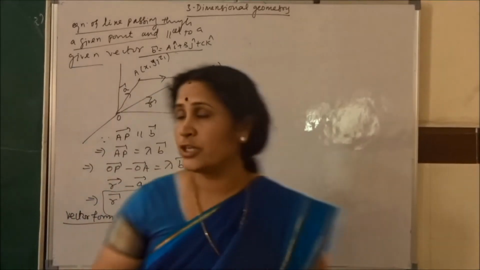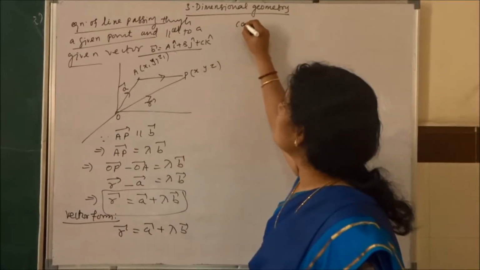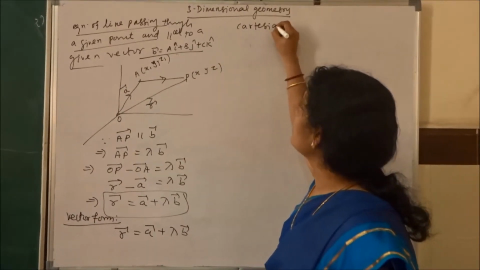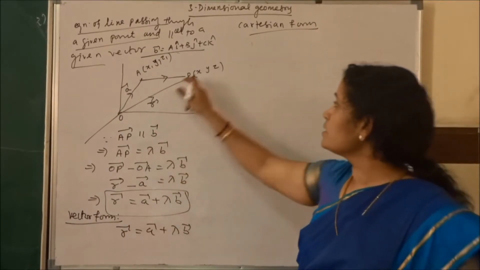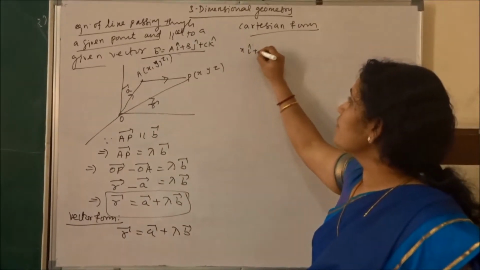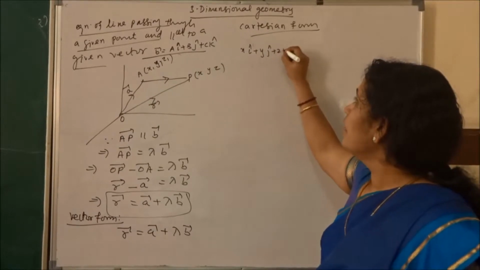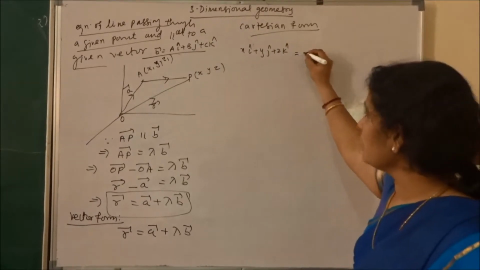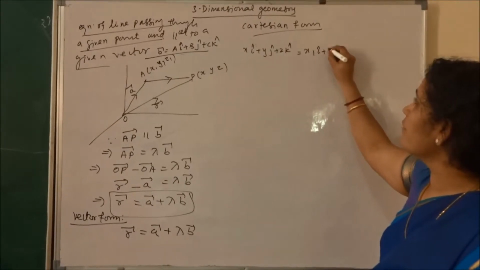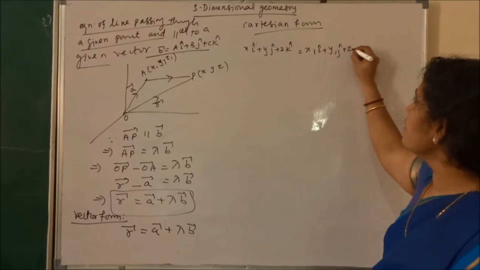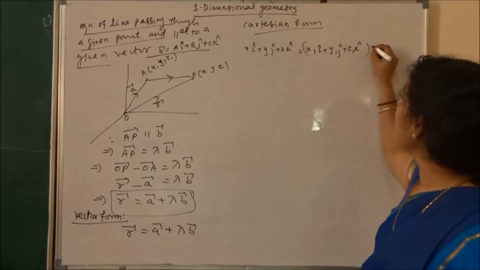Now what is Cartesian form? Cartesian means you have to convert it into coordinates. That is called Cartesian form. Now as per Cartesian form, what is R vector? That is xi plus yj plus zk. And that is equal to A vector. What is A vector? x1i plus y1j plus z1k plus lambda into B vector.